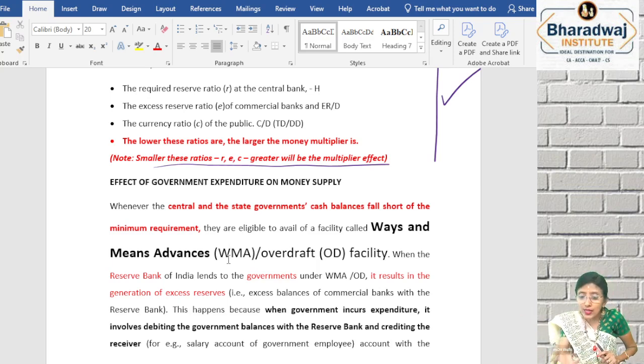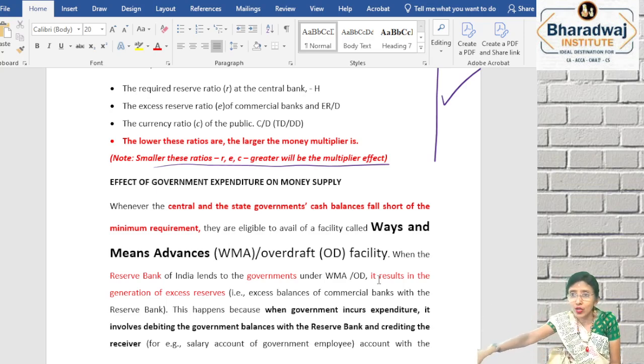RBI will lend to the central government or the state government. Please remember, it will lend to them. Now why does the government require this? It wants to fund some program, or say it wants to pay salary to its staff. So what will happen in this case? The account of the government will be debited and the beneficiary's account will be credited. This is how the story goes.